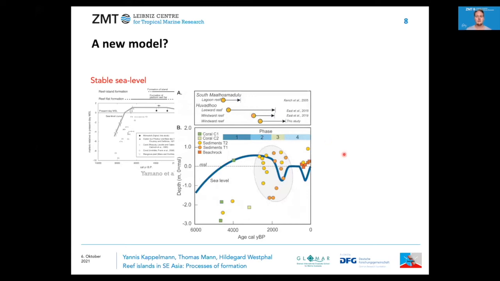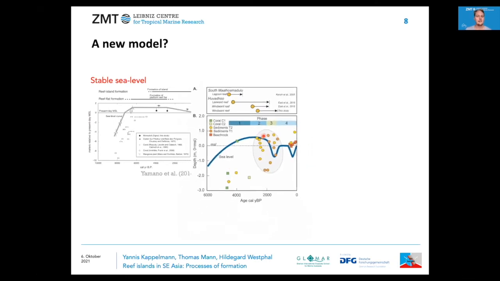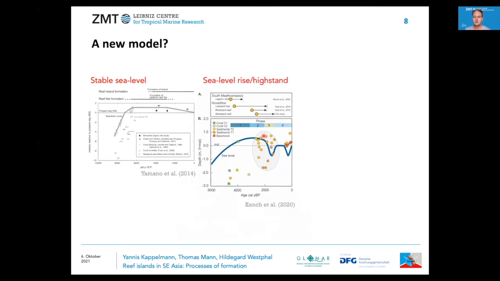However, some studies exist from the Maldives, and here it's of slightly different nature. We see that some reef islands have built as a consequence of, or during, a sea level rise, or during high stand periods, which is also in contrast to our study, because we do not observe any data from the high stand times in the Spermonde.